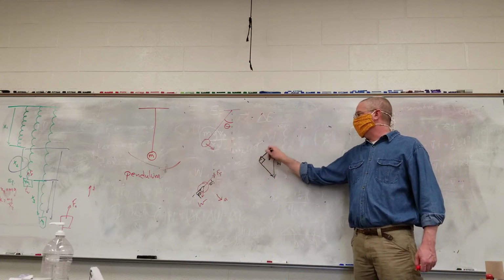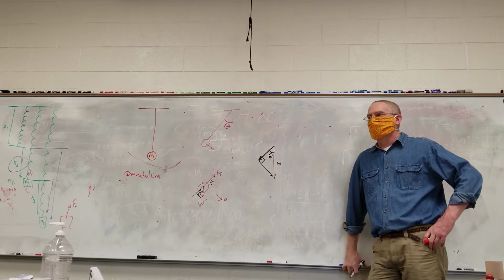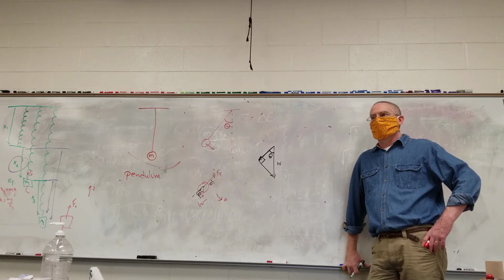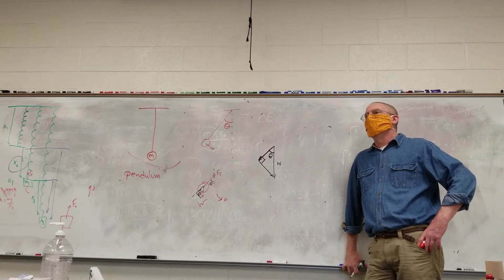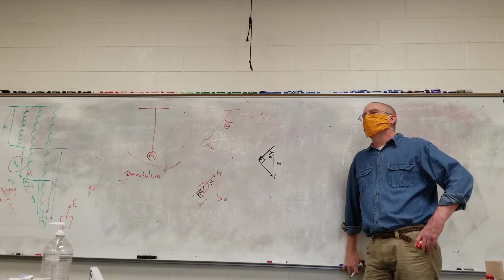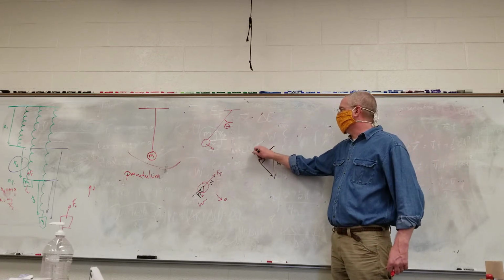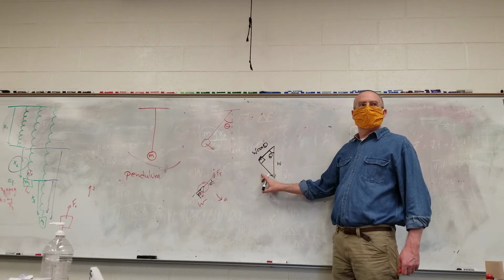What is the magnitude of this side right here? Cosine of theta times weight. Yep. So this is W times the cosine of theta. And this side? W sine theta.